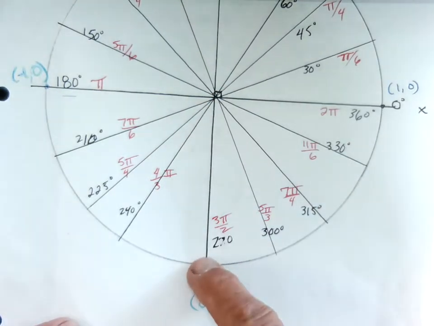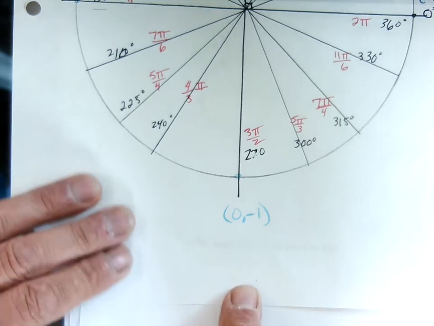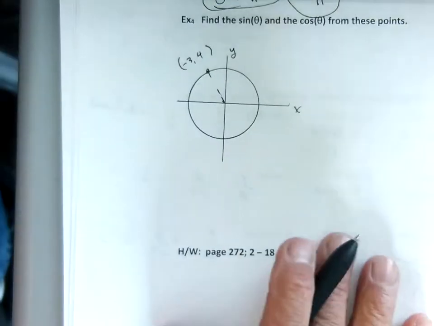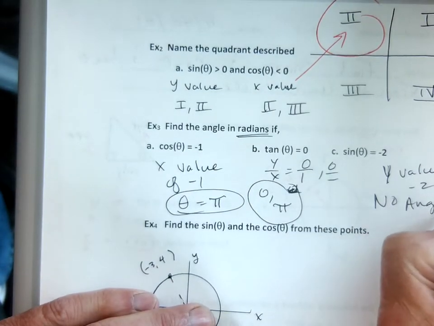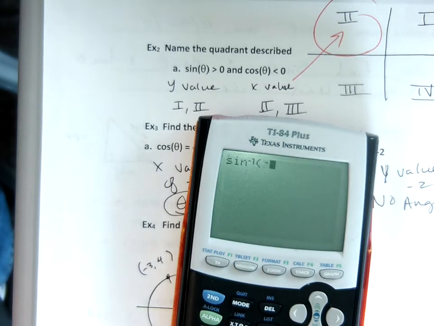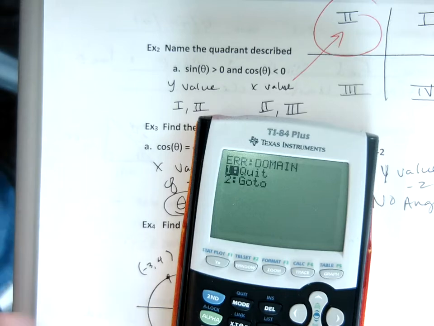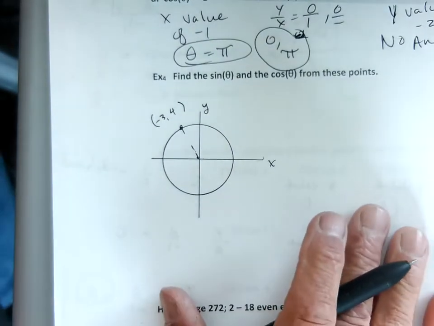Is there a point of negative 2 on the circle? No way, it's in like Foreverland, right? And so, no angle. In fact, if you did sine inverse of negative 2, what do you get? Error, it doesn't like it.